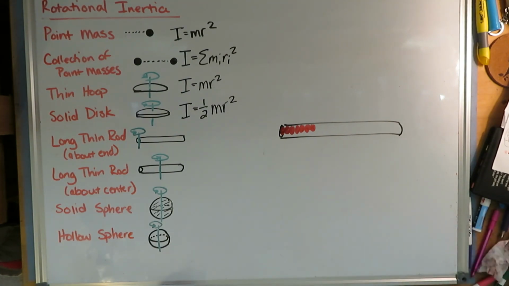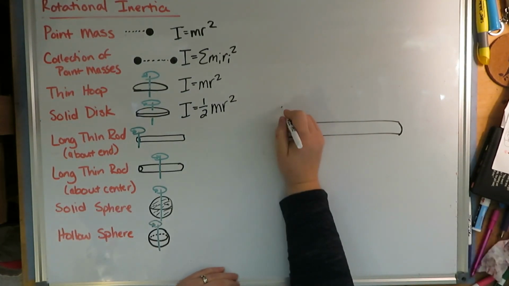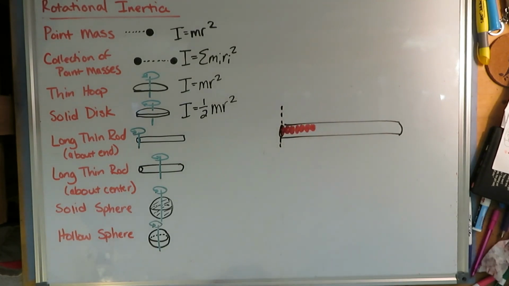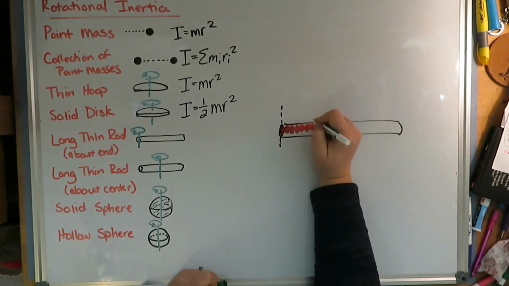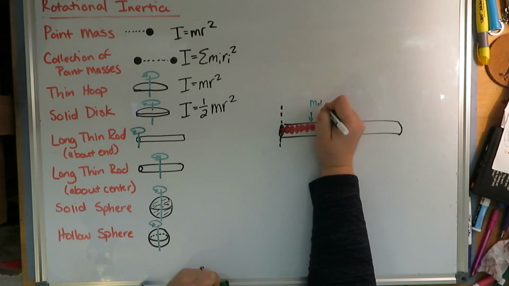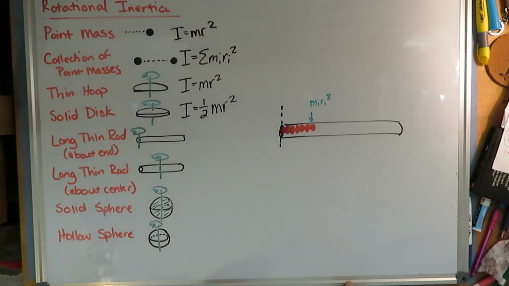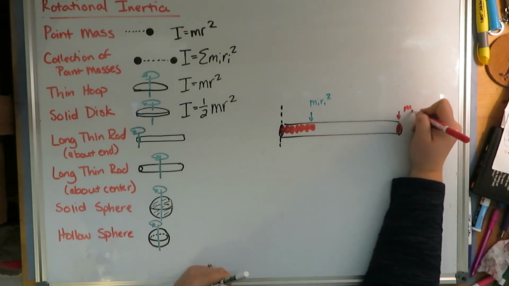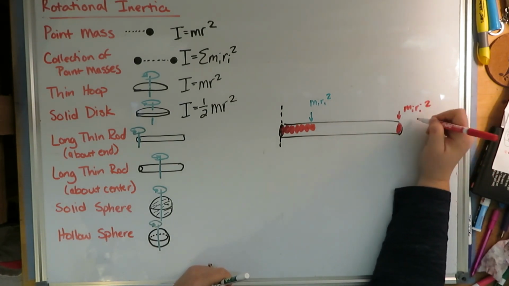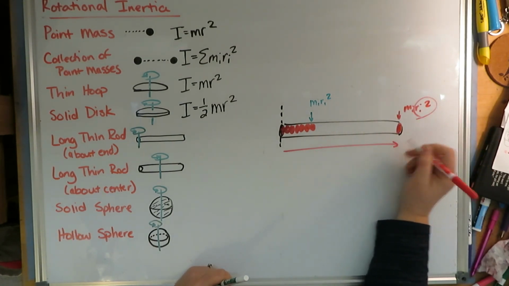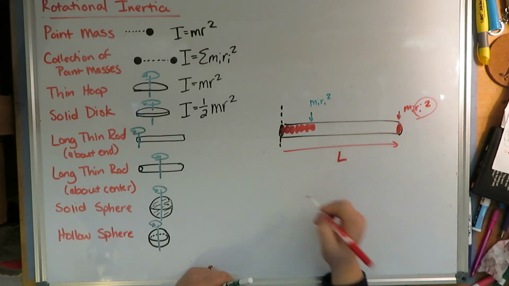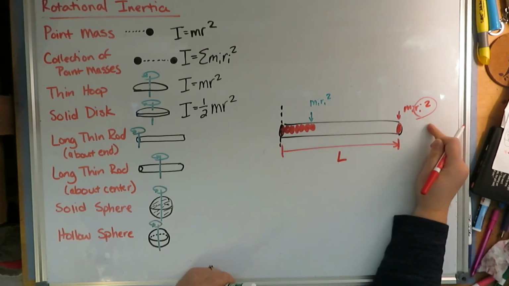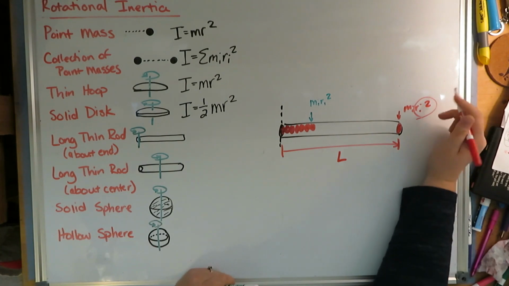For example, if I hold it on this end and look at this little point mass here, it's going to have its little m_i r_i squared. But if I look at this point mass way over here, it's going to have an m_i r_i squared too, and because this is a very large r, actually its r is the length L, that is very far away, and you've got a square here.